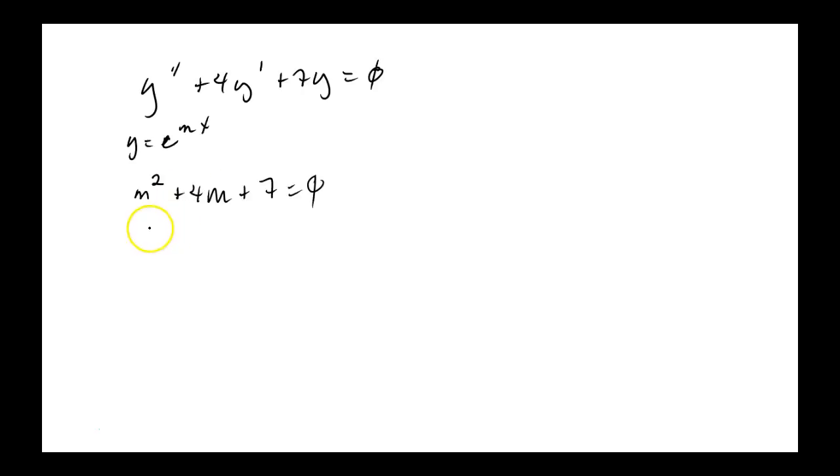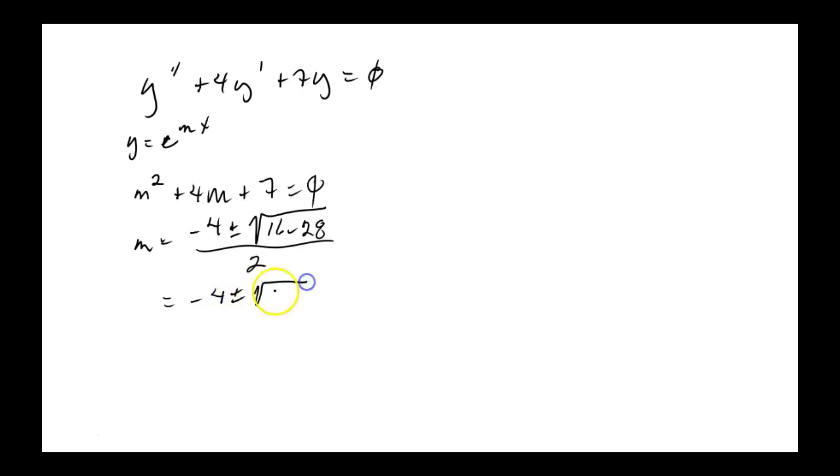That's minus 4 plus or minus the square root of 16 minus 4 times 7, all over 2. 16 minus 28 would be negative 12. Oh, man. One of those.